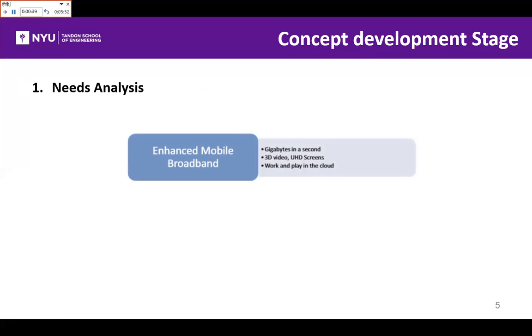Number one is the demand for a higher network speed. 5G could provide enhanced mobile broadband in which the network speed could be as high as multi-gigabits per second. This great capacity can support applications like 3D videos and 4K or even 8K Ultra HD video streaming.